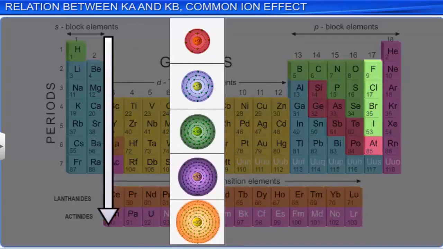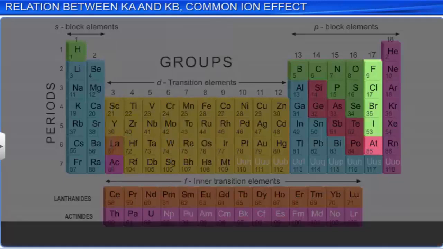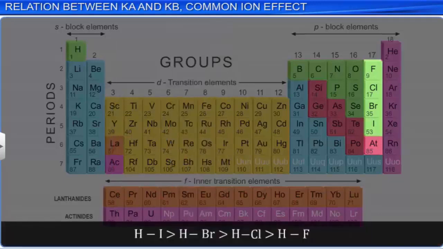As the size of A increases down the group, the HA bond strength decreases, and hence the strength of the acid increases. Thus, the acidic strength of halogen acids decreases from HI to HF in the same order in which the size of the halogen atom decreases.